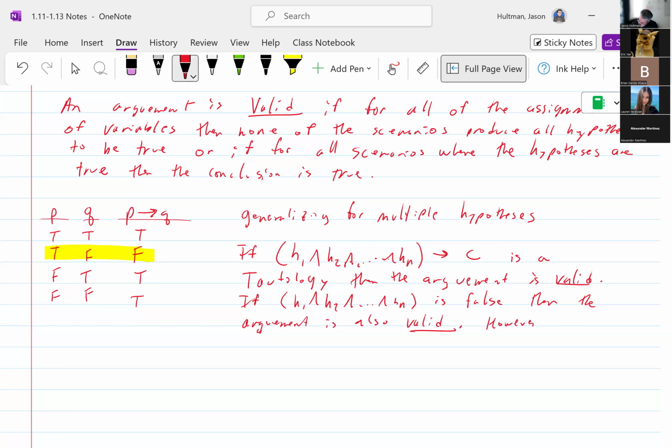However, if H1, H2, to Hn is true, but C is false, then the argument is invalid.